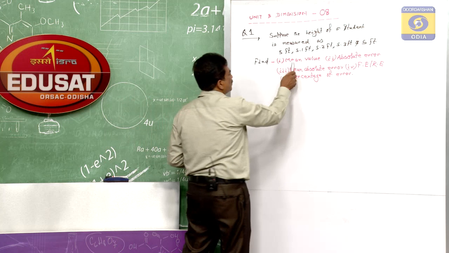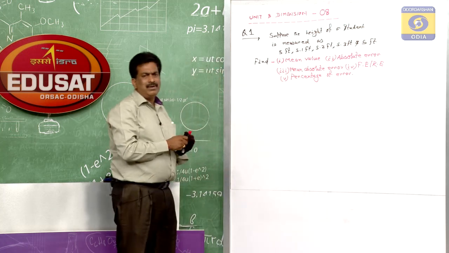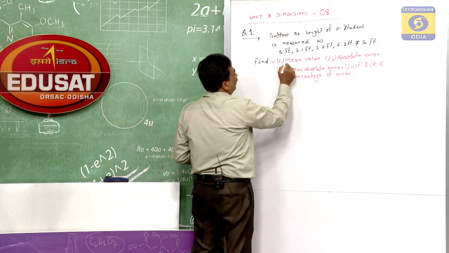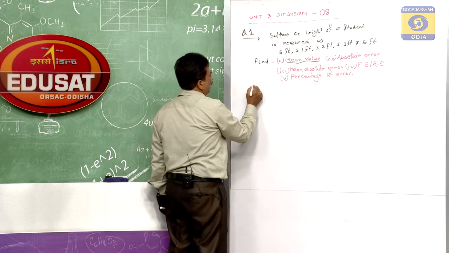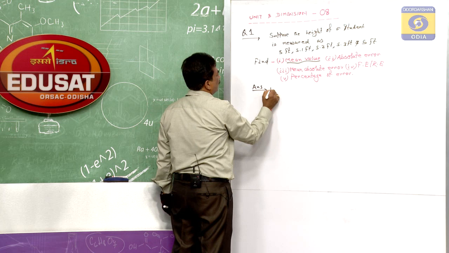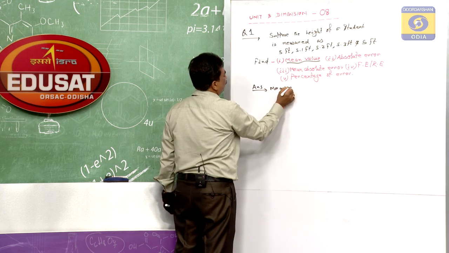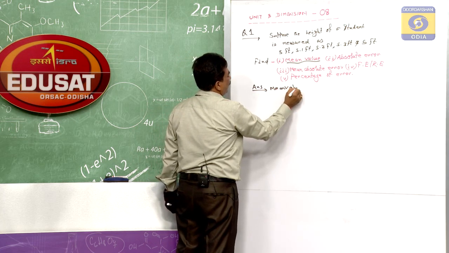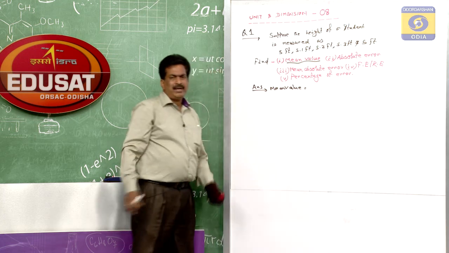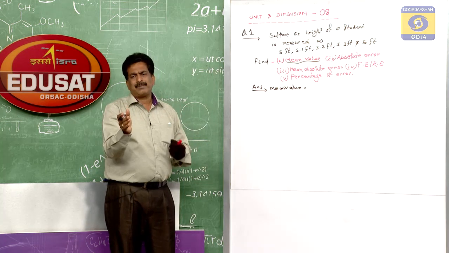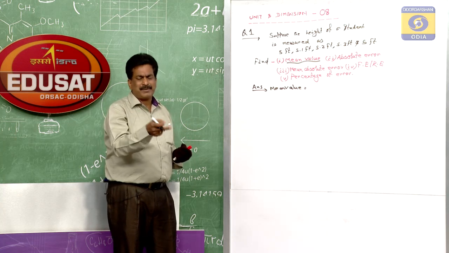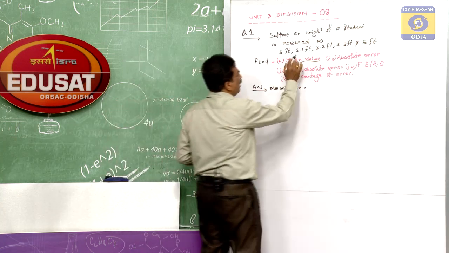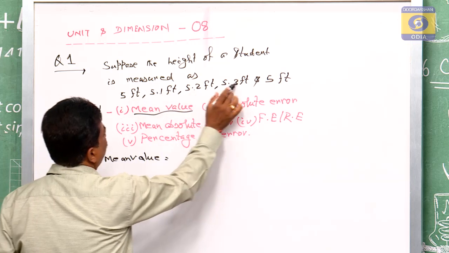First you have to find the mean value, which is also called the average value. How will you find the mean? You add all the observations and divide by the number of observations. How many observations? 1, 2, 3, 4, 5.